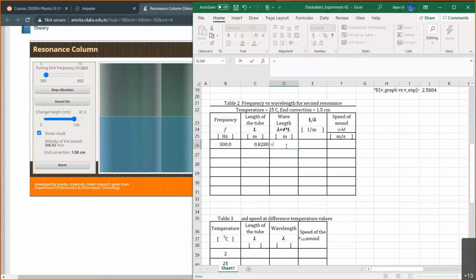Equal sign, 4 times the length should be the wavelength. We need 1/wavelength. The reason is later we're going to be making a graph, right? So we need 1/wavelength. And we need the speed of sound, equal sign, frequency times the wavelength.